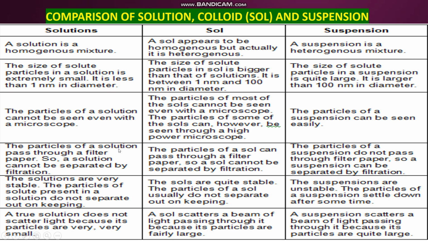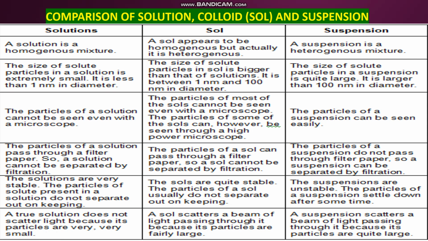Another difference, the particles of a solution cannot be seen even with a microscope. In a sol, the particles of most of the sols cannot be seen even with a microscope. The particles of some of the sols can, however, be seen through a high power microscope. What about suspension? The particles of a suspension can be seen easily.